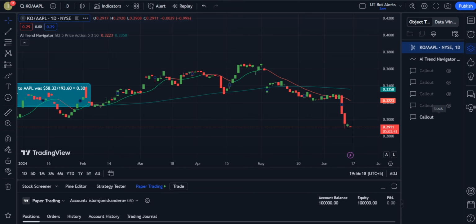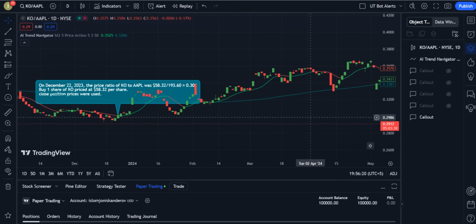I have annotated this chart here, and I will explain in detail how to trade this pair of stocks to get additional shares of the Coca-Cola stock. We'll begin from the date December 22nd, 2023.